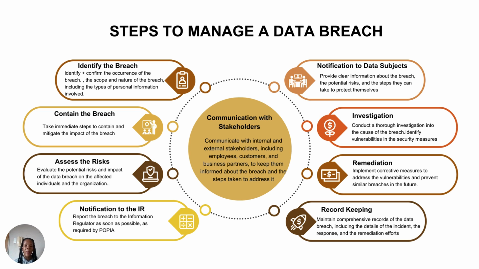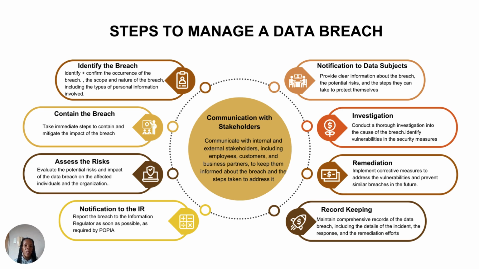Okay. And then the next one is record keeping. You need to maintain a comprehensive record of the breach, the steps that you took, the solutions that were implemented, and then the one that is also important, which I put in the middle so that it stands out. This one has to do with communication with stakeholders.